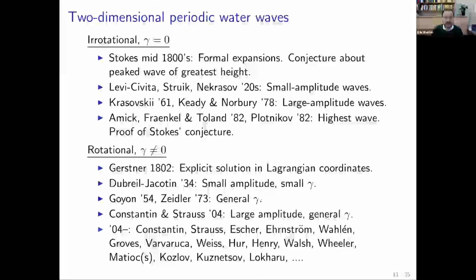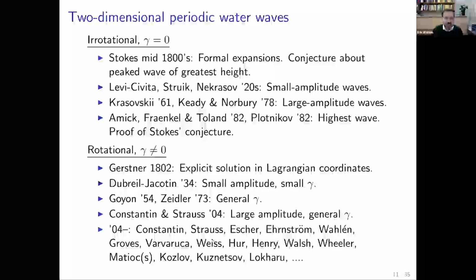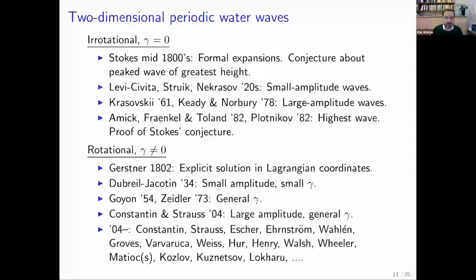But then there has been a recent line of work, starting with Konstantin and Strauss, constructing large amplitude solutions for general vorticity functions. And then there's been work by many people, including some who are in the audience.